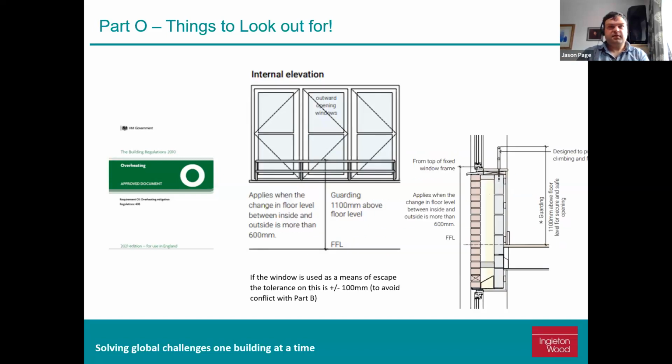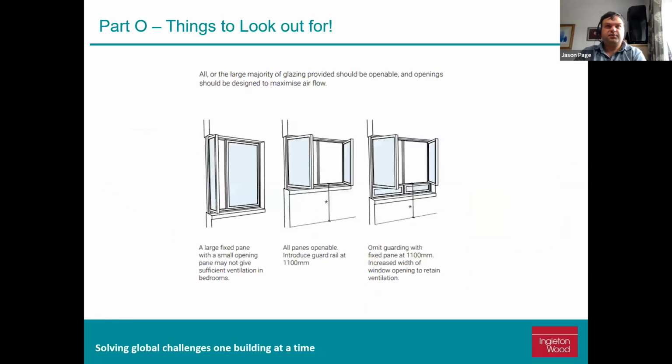The second part of this is that any glazing less than 1.1 meters from the floor must have guarding to stop climbing. This is clarified as being plus or minus 100 mil, so it's effectively 1 meter above the floor level. This can be solved through fixed bars, fixed panes at lower levels, or higher level windows.